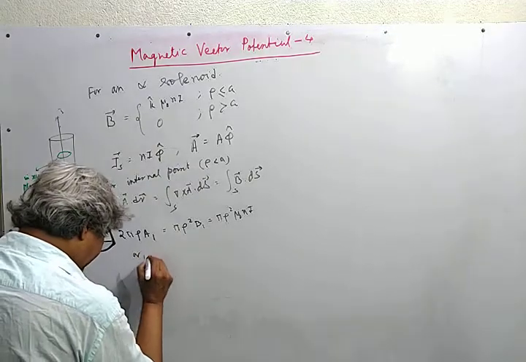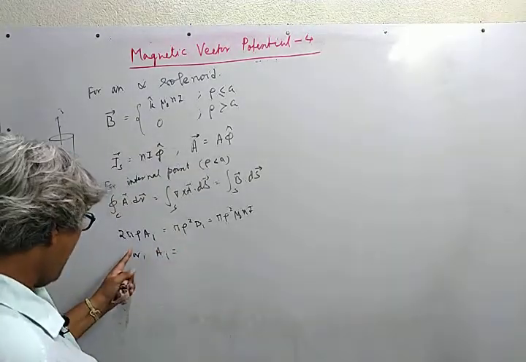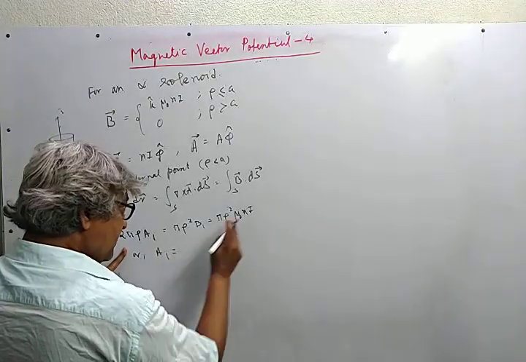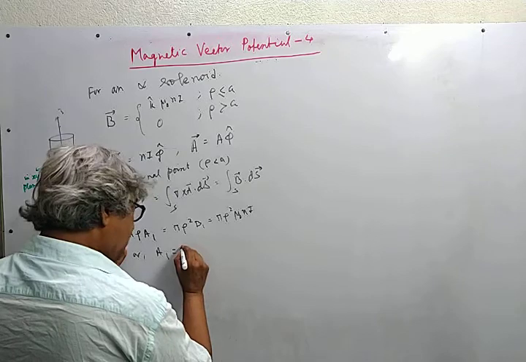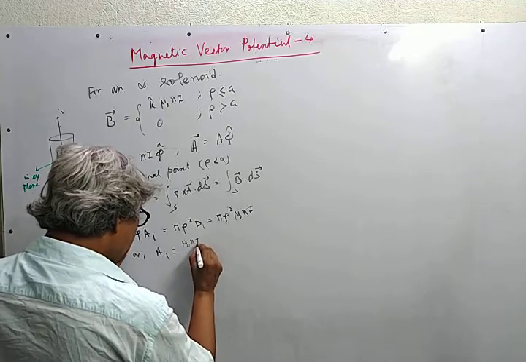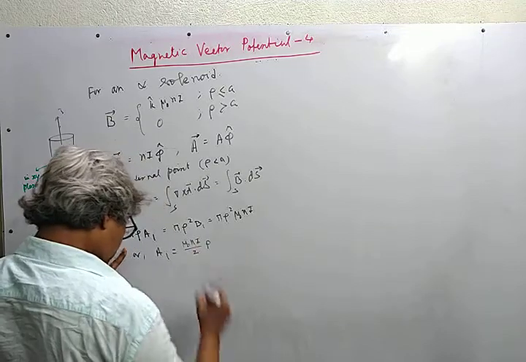On simplification, A1 comes out to be mu 0 n I rho by 2.